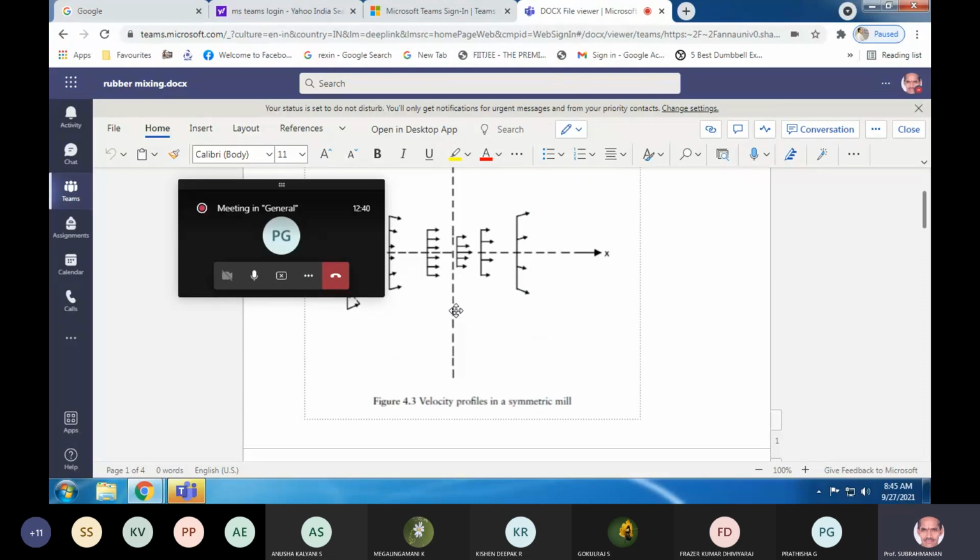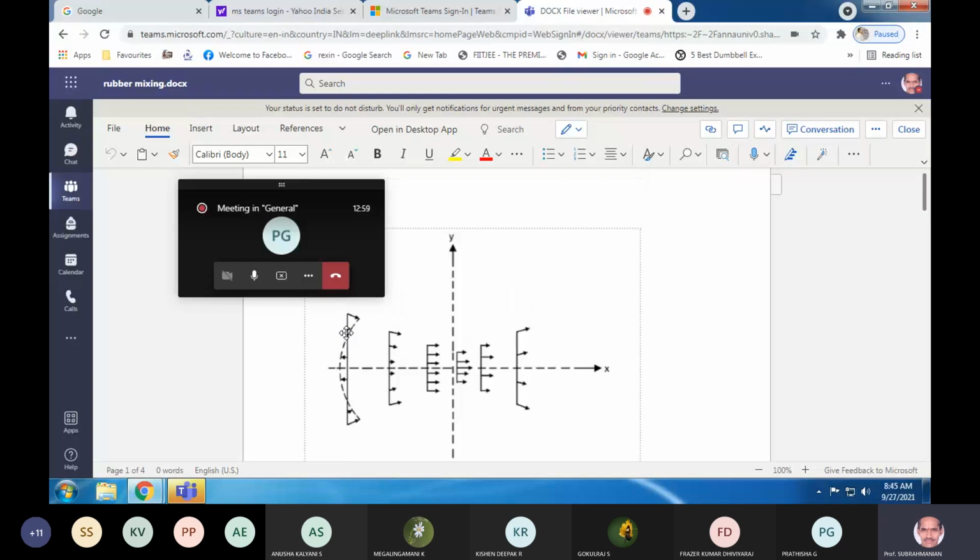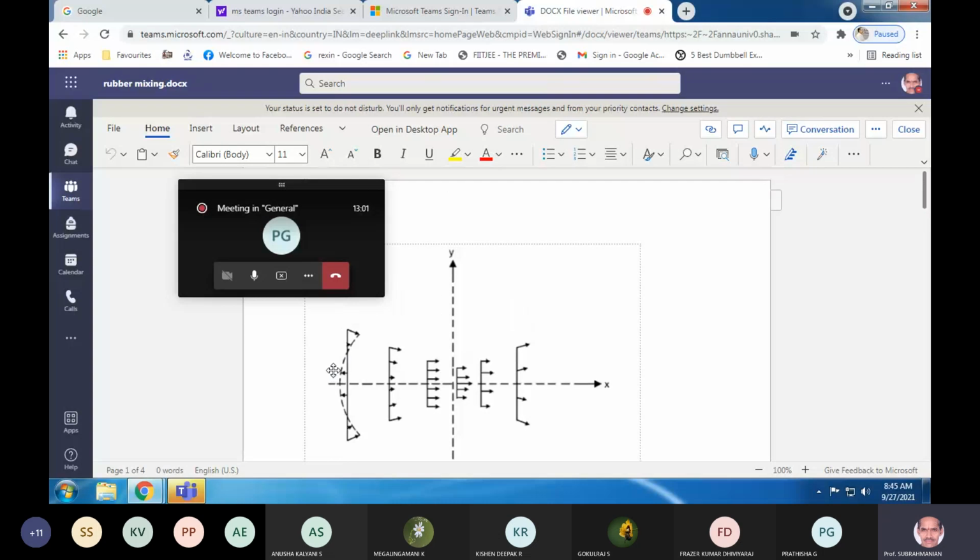So the rubber chains enter and escape at the other end. Right. Somewhere you notice there is a backflow. You see the line of shear forces. So at some location there is a reversal. Okay, instead of rubber entering the nip, it escapes from the nip.